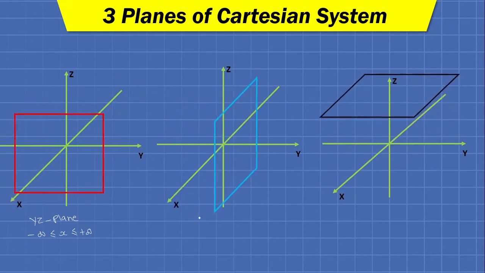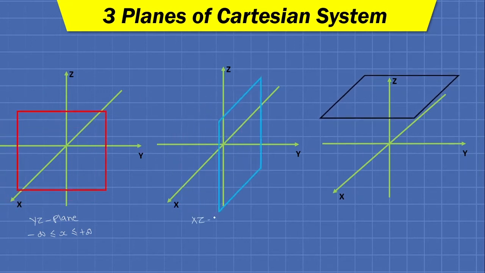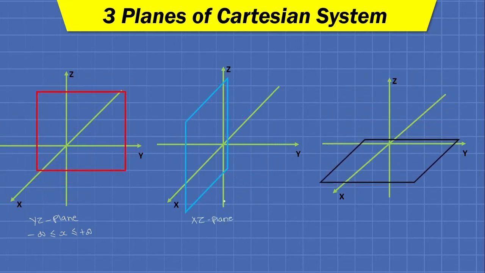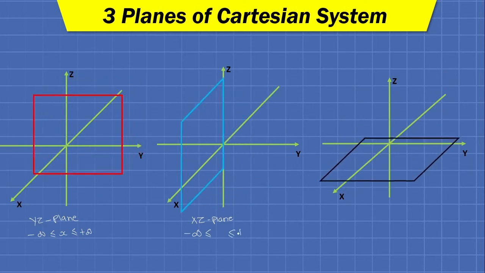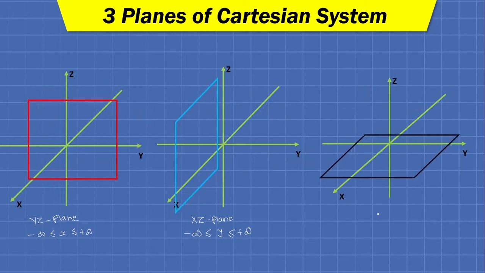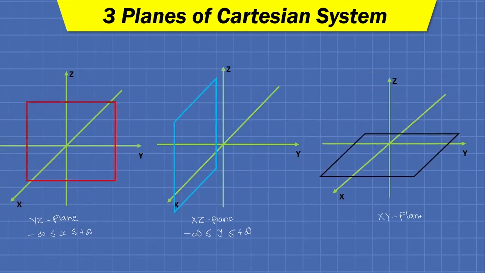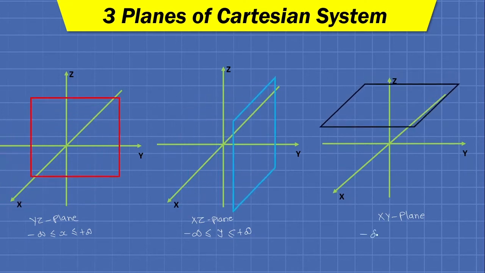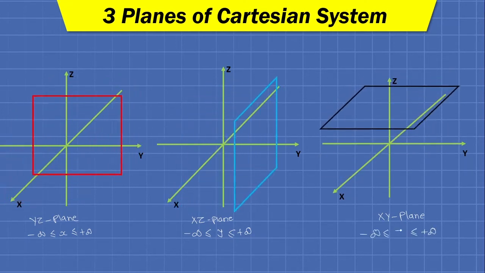The second plane of interest in the Cartesian coordinate system was the XZ plane, and it is free to move from negative infinity to positive infinity on the y-axis. And the final third plane was the XY plane, which is free to move from negative infinity to positive infinity on the z-axis.